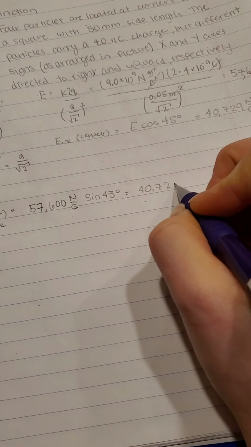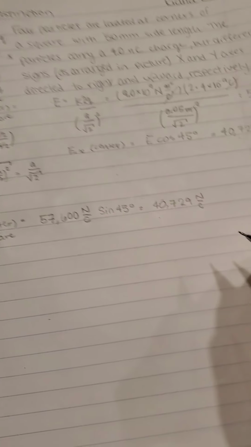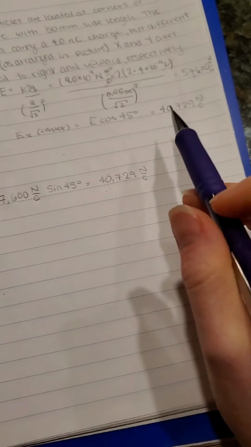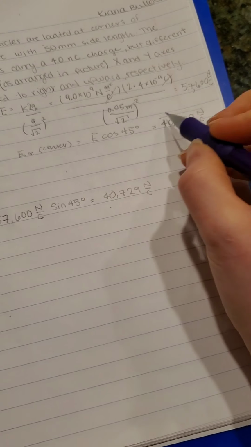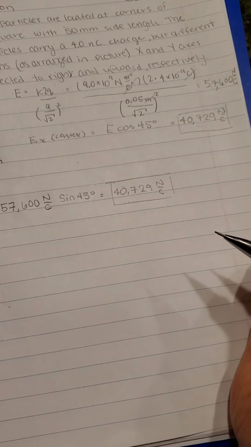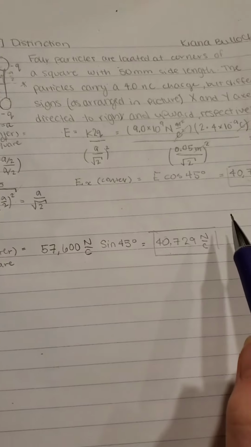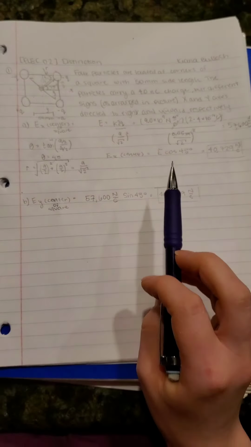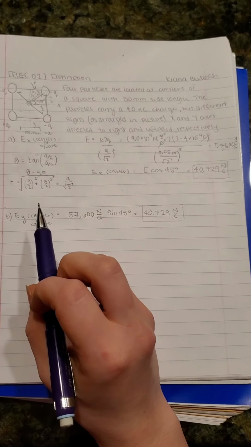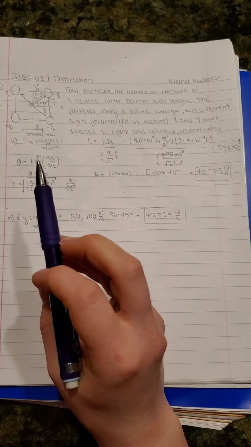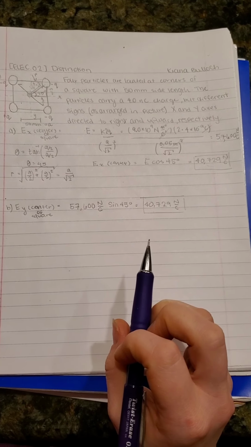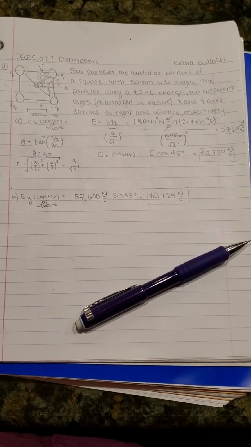So we get that to be newtons per coulomb. With that, we have the answer: the x component and y component end up being the same. So that makes sense. This is an electric field distinction using more than one charge, ELEC.02, and there is my answer.